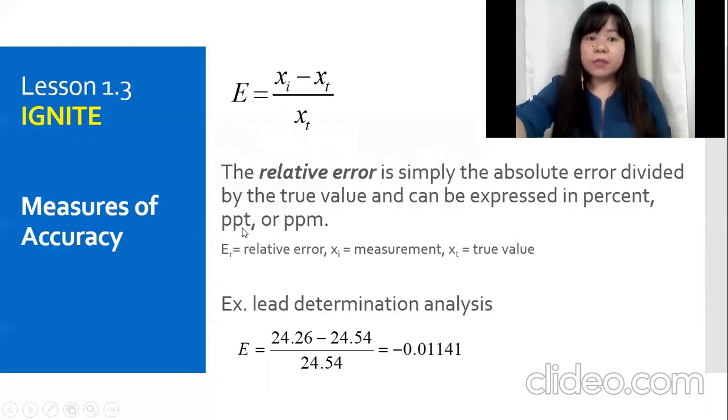If you multiply it by 1,000 or 1,000,000, then you'll get a unit which is in PPT or in ppm. But as far as this equation is concerned, it only gives a fraction unless it is multiplied by any power of 10.